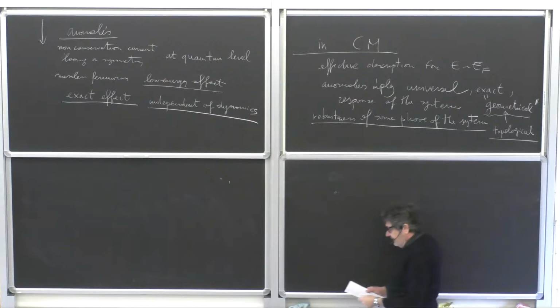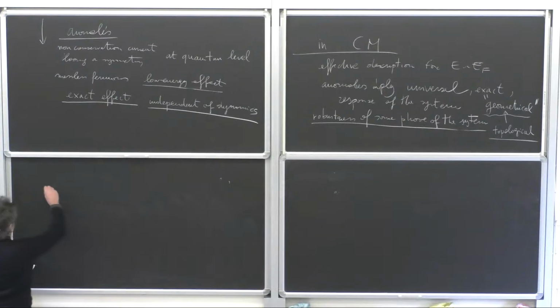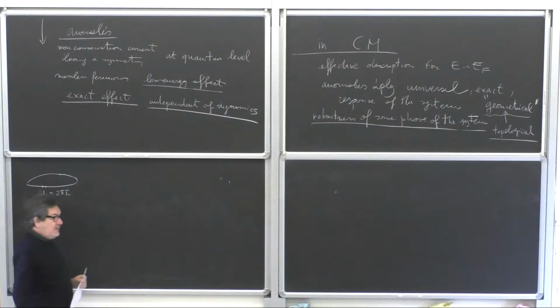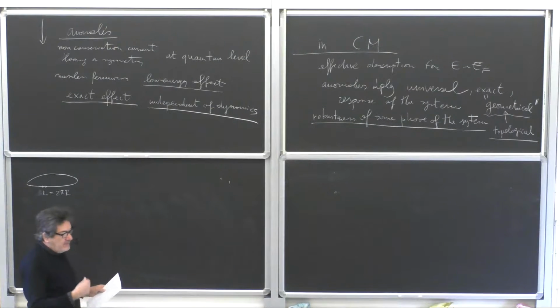Let me take fermions in one dimension, and if you want, you can consider a circle. So it's a one-dimensional system with periodic boundary conditions, of length L, or if you embed the circle in three dimensions, it is 2 pi r. So you have these electrons here, they move. They are free, or they can be on a lattice. It doesn't matter. You have a hopping Hamiltonian.